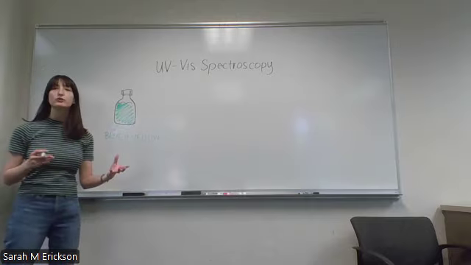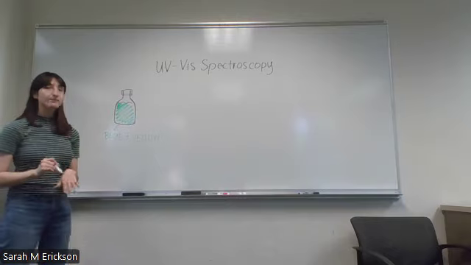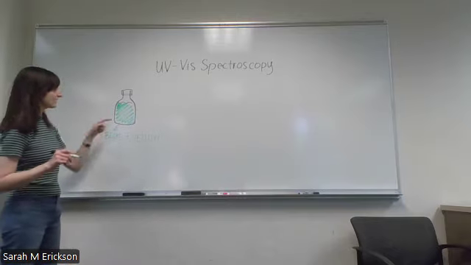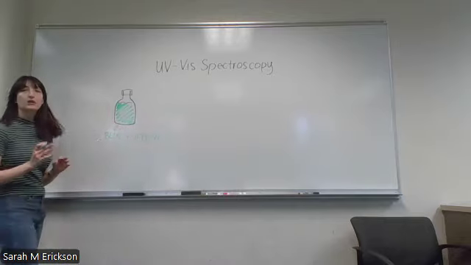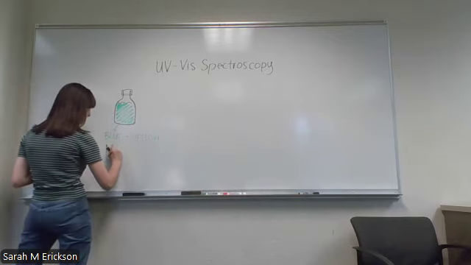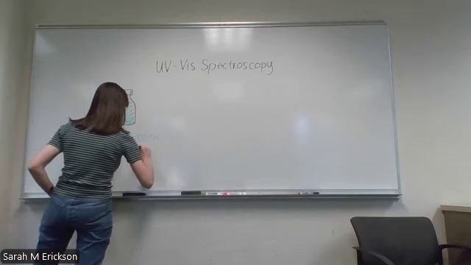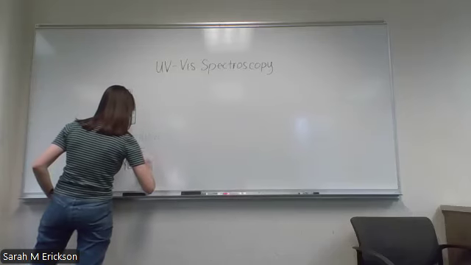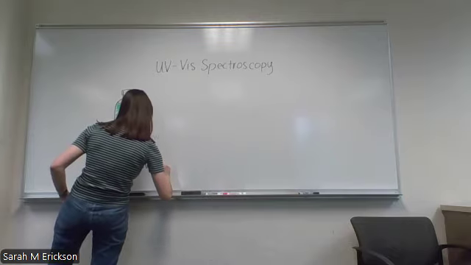If you have a purple drink, you're going to have blue and red, something like that. Our goal for this lab is to figure out the concentration of these two dyes in this drink. So you're going to have a drink with two food dyes in it, and you want to figure out what the concentrations are. So we want to know the concentration or molarity of blue and the concentration or molarity of yellow in our green drink. So we don't know these two right now.